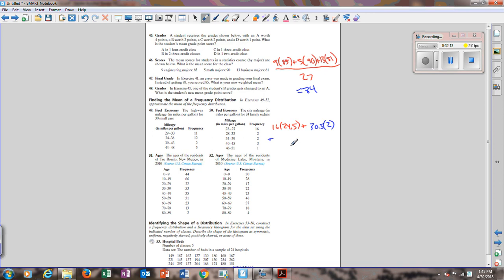Then you do 34 plus 39 divided by 2. Gives you 36.5.